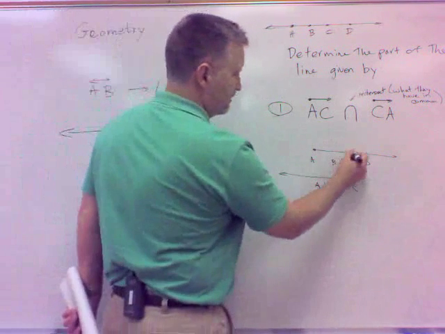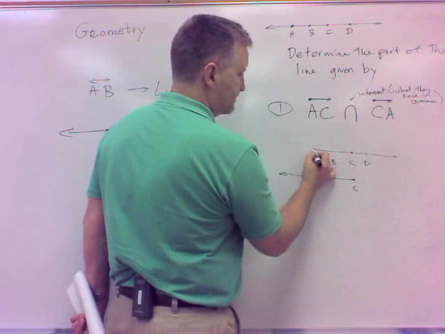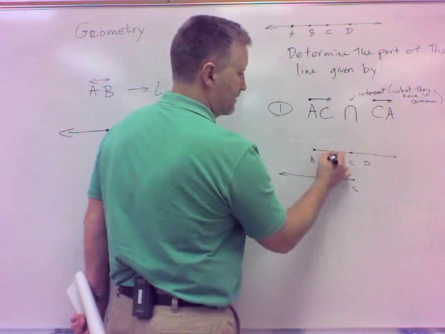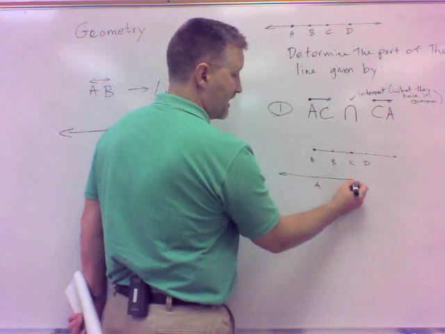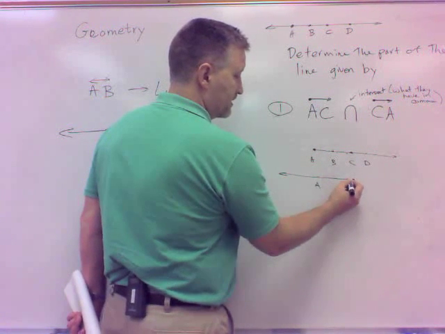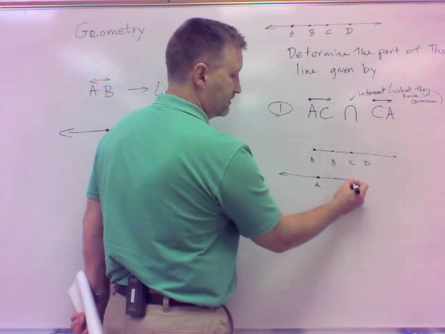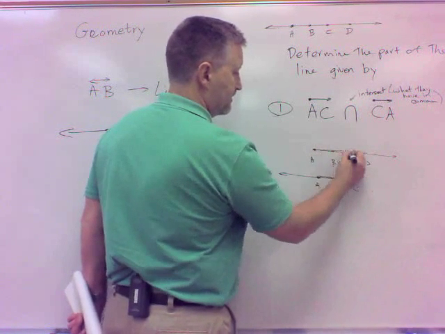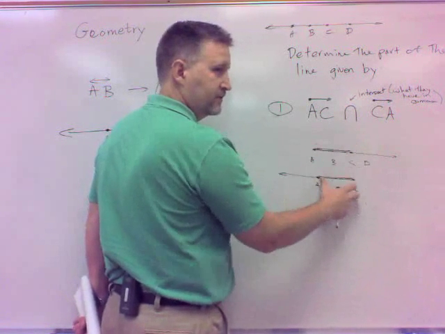Since ray AC includes A, includes B, includes C, and all these points in between, and CA starts at C and goes, doesn't it include all these points as well until we get here? Isn't this and this common between the two?